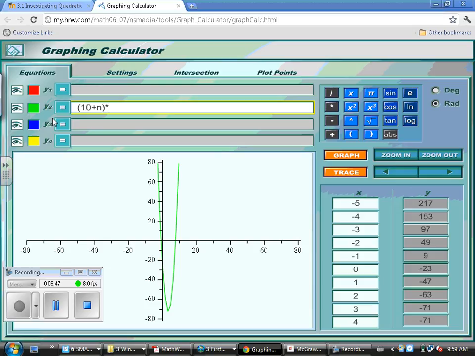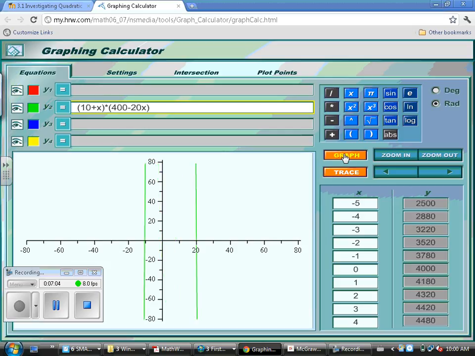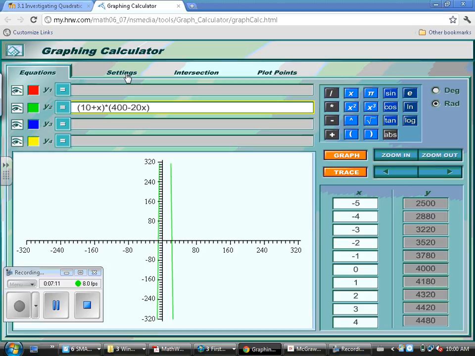So (10 + n) times (400 - 20n). Okay, I'll just graph that, and it probably wants x, right? So I'll just put x. Okay. And so we will zoom out again. Obviously, we have to zoom out a lot, and in fact, I am going to change the settings.